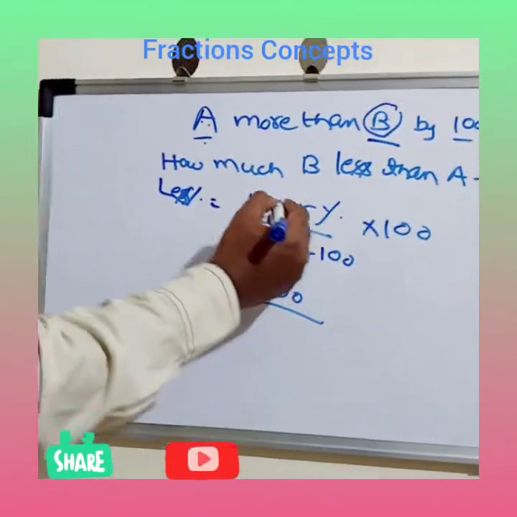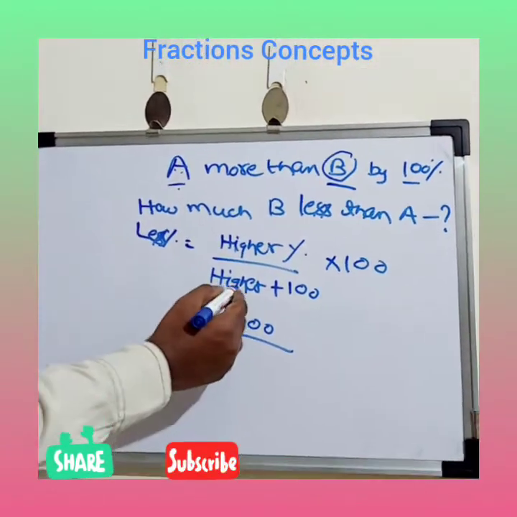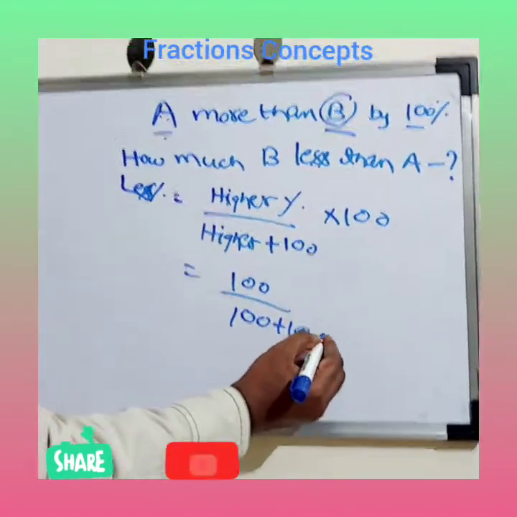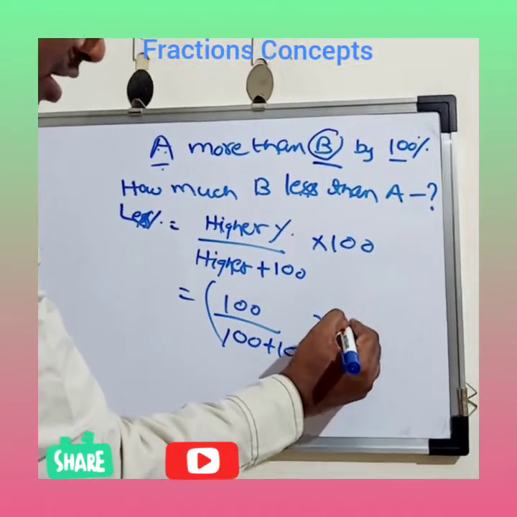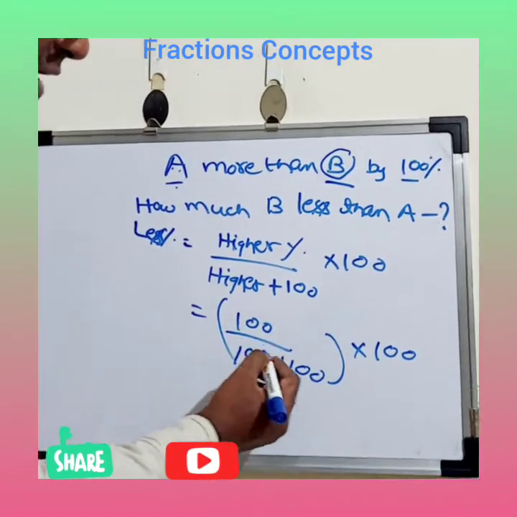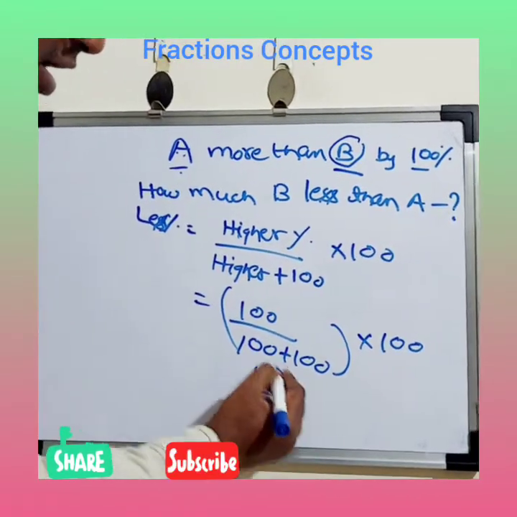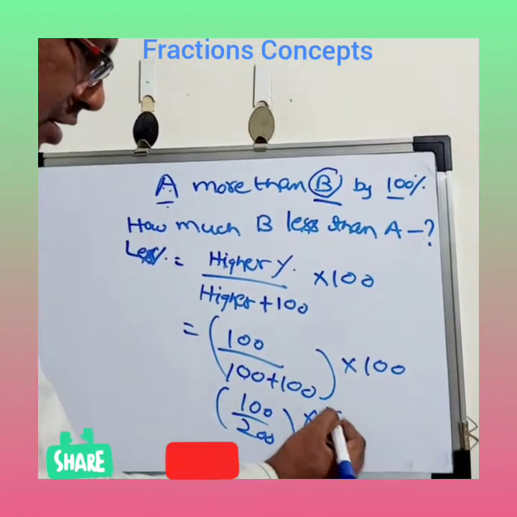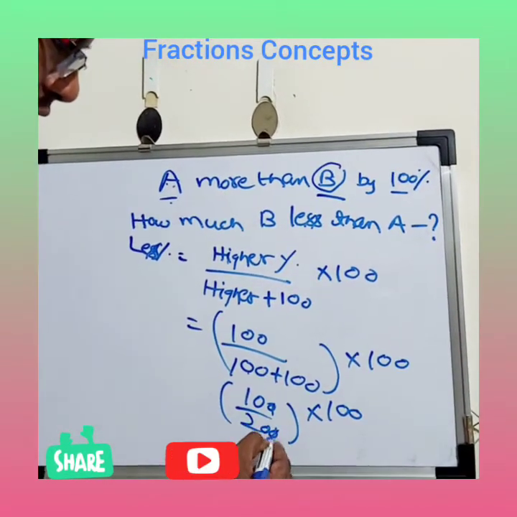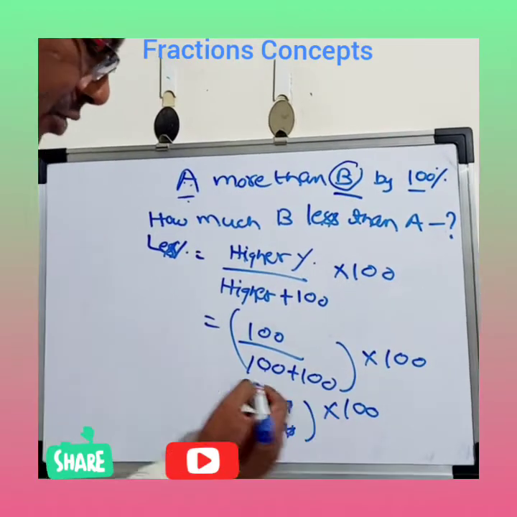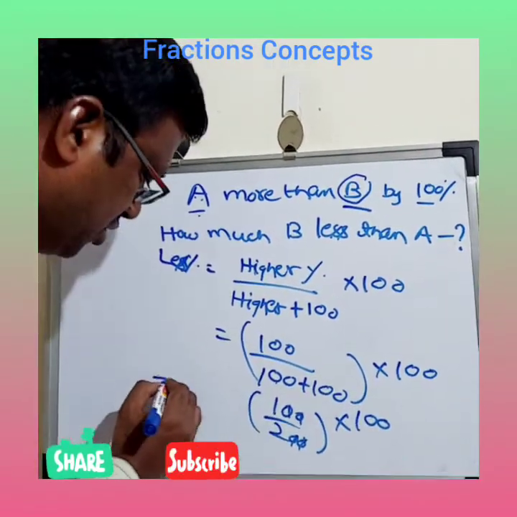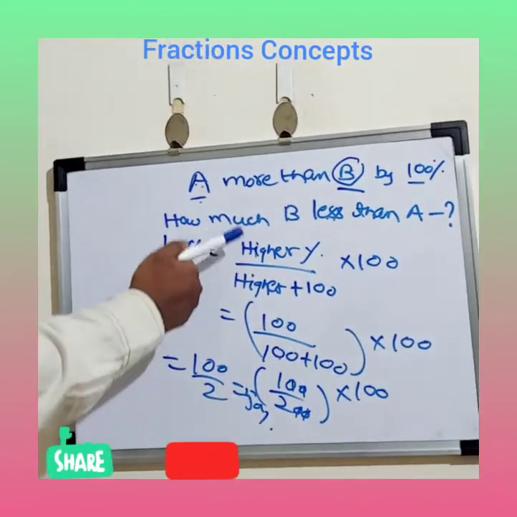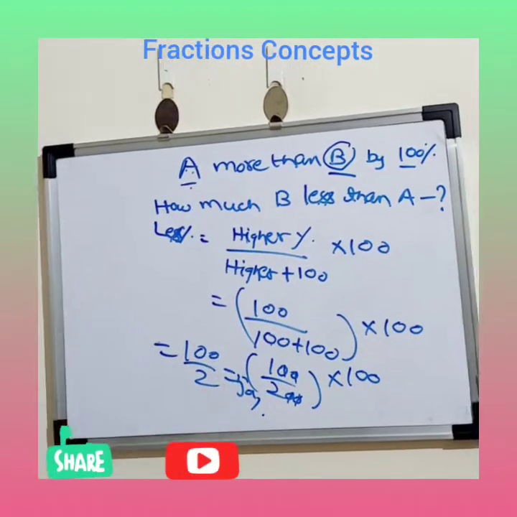So it is higher percent 100 by 100 plus 100, into 100. 100 plus 100 is 200, into 100. The zeros cancel. So 100 by 2 is 50. So B is less than A by 50%.